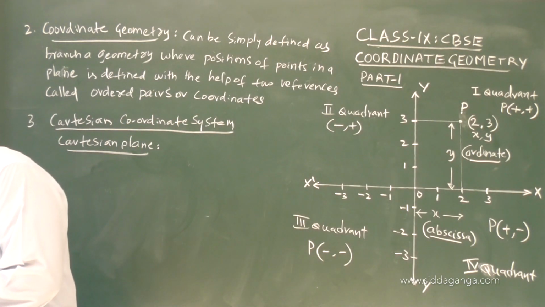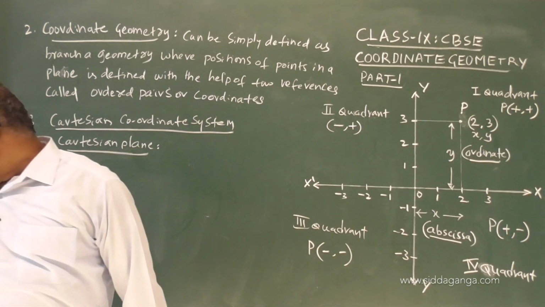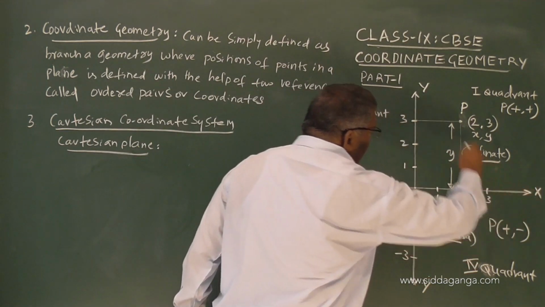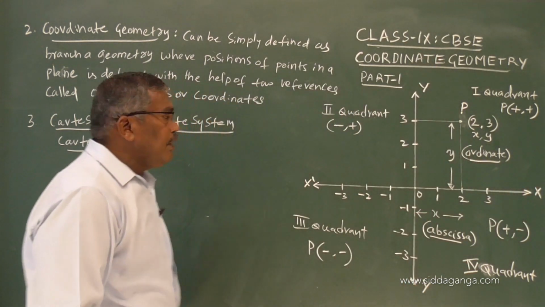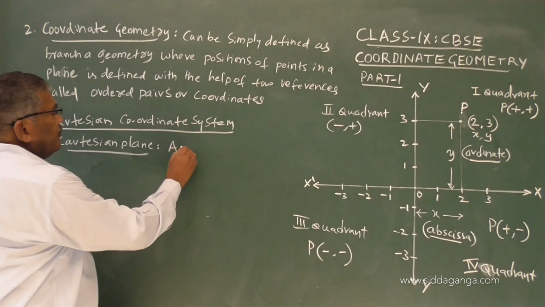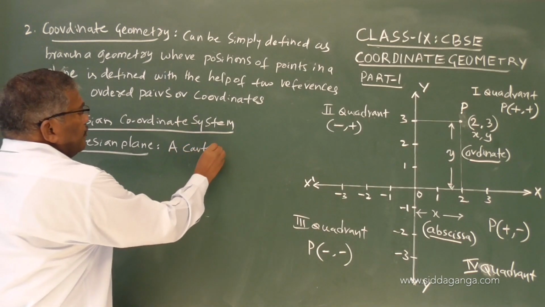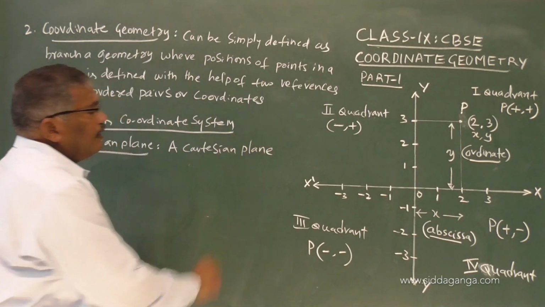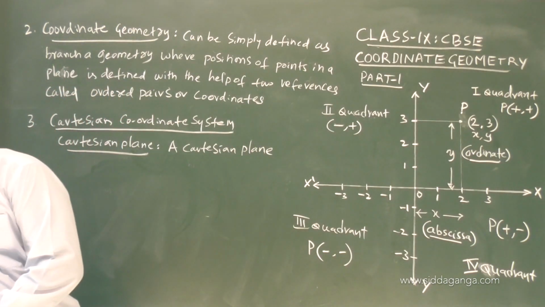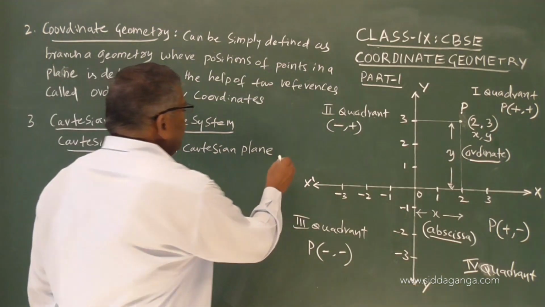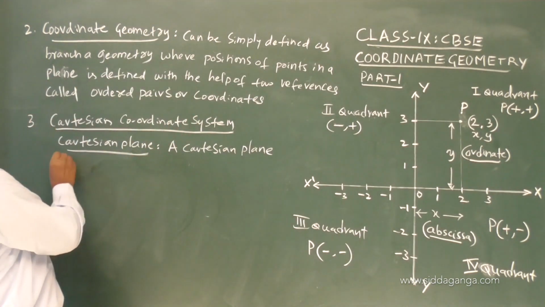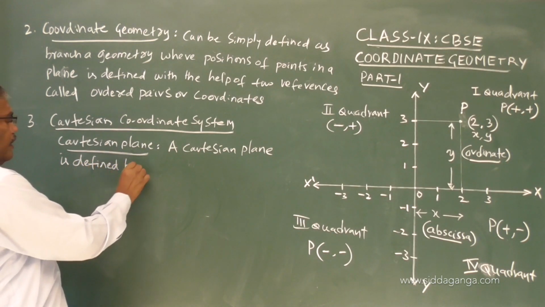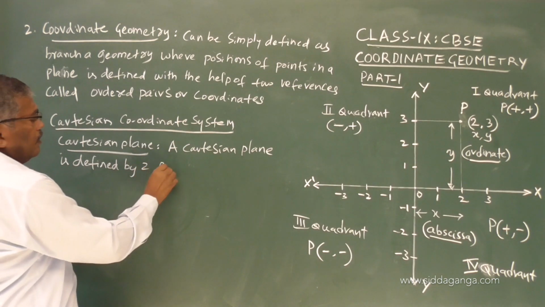A Cartesian plane is defined by two perpendicular number lines. See, this is a number line, and this is a number line put vertically.